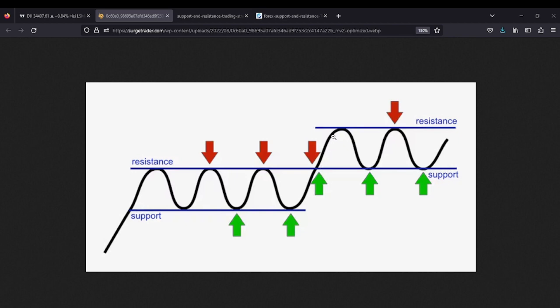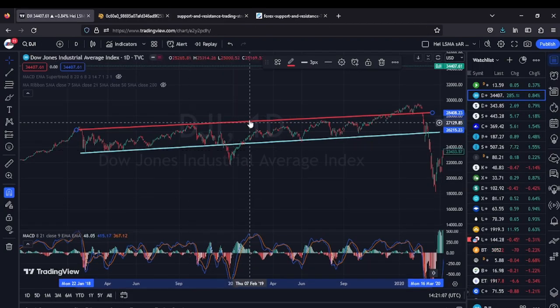And then eventually it will find a top, bounce off, and when you connect two tops together, you have your basic resistance. When you connect these bottoms together, you have your basic support, right? So let's go to an example. Right here, I drew a couple lines.